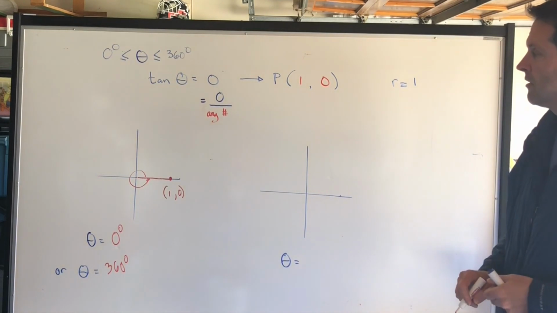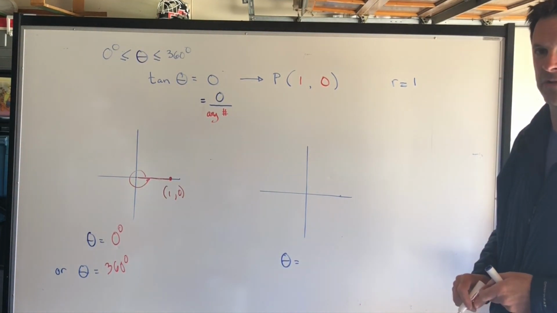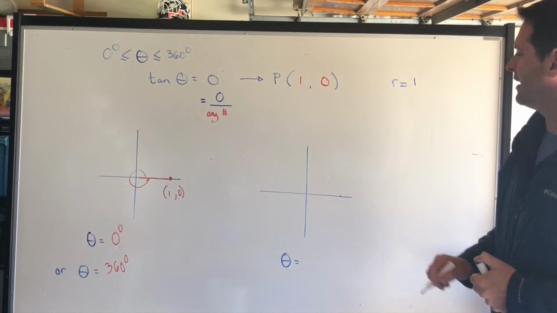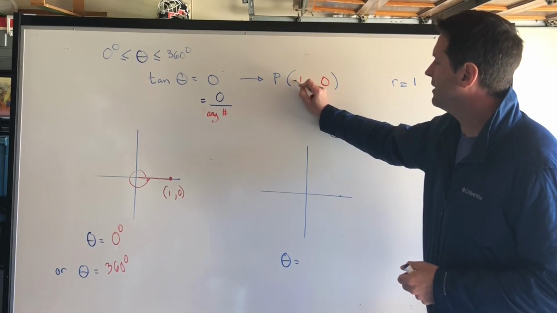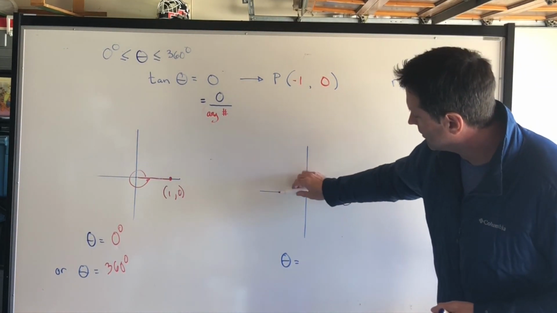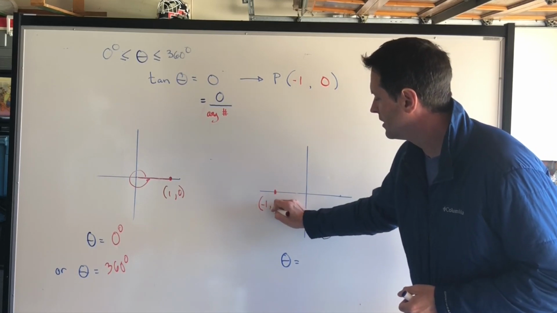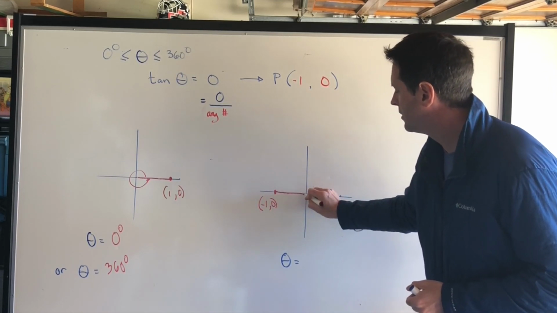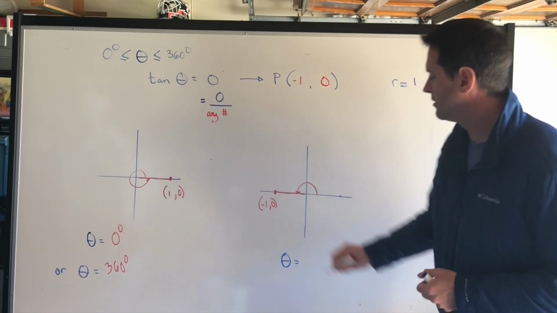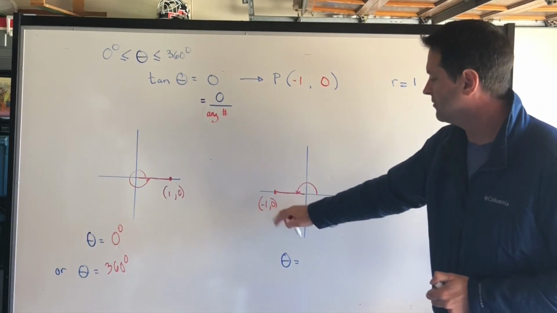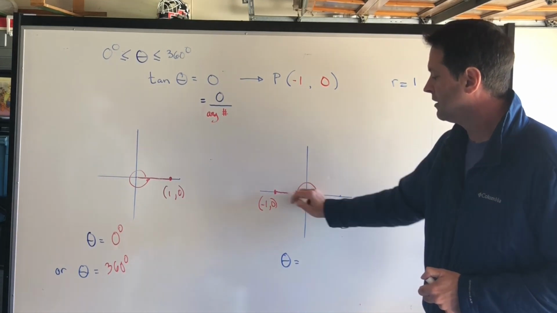Check it with your calculator. Check the tangent value for 0 and 360 degrees. Now another point P could have been at -1 and 0. The terminal arm could be right here, where the y coordinate is 0. The length of r is 1.